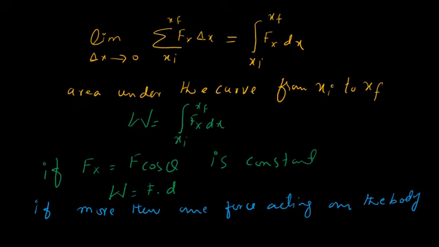You can write it as the summation of work done, and this will be equal to the net work done by all forces. We can write it as the integral from xi to xf of the sum of all Fx, that is the sum of all forces, into dx. So this will be the work done by all forces from xi to xf.